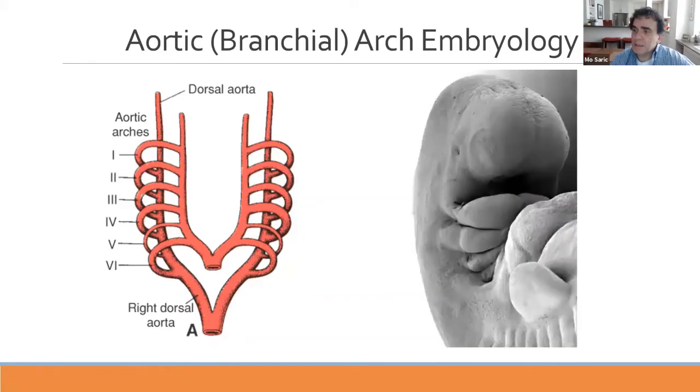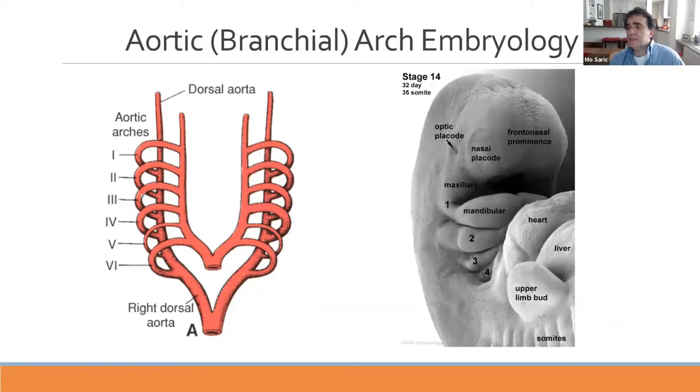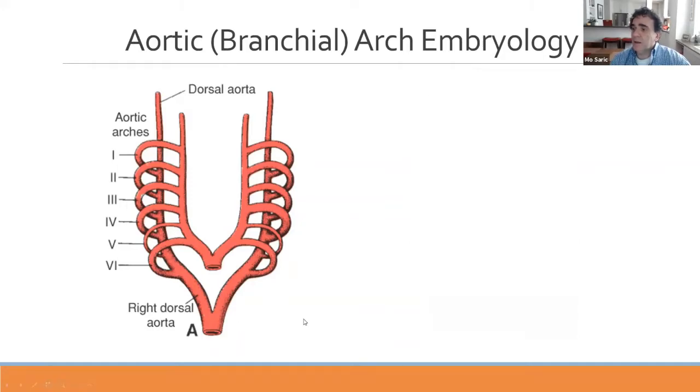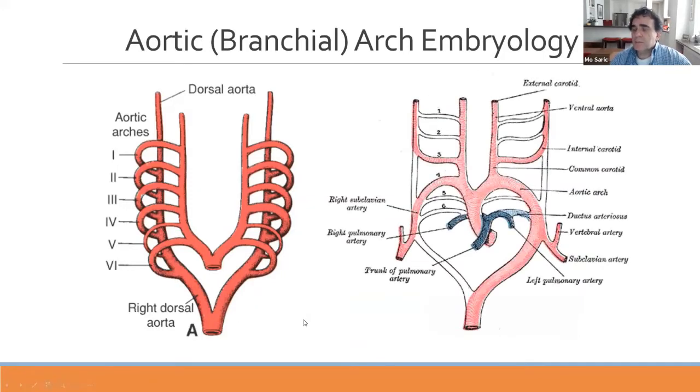But here is the human embryo at a very early stage, and you can actually see the branchial arches. In this case, there are 4 of them at the time of development. And there is a very complex way of modeling and remodeling of the aortic arches until finally the 4th arch gives the aortic arch, and the 6th one gives the ductus arteriosus.